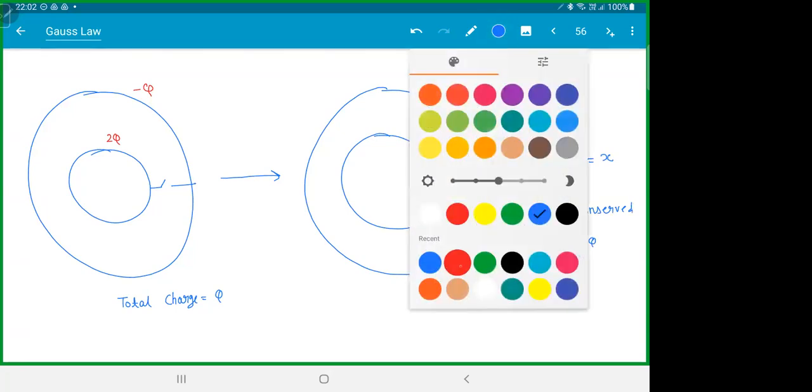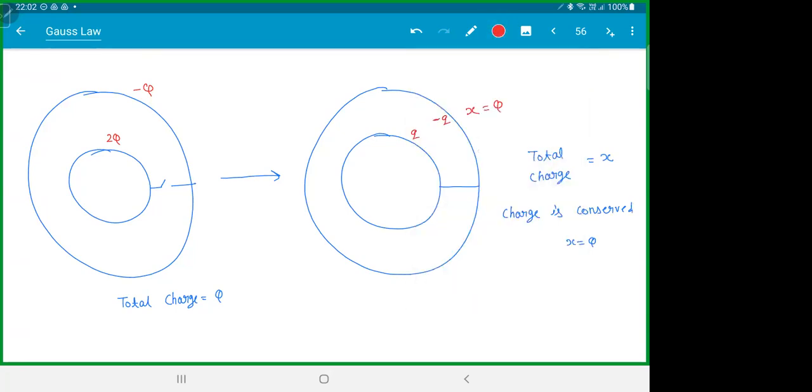So we proved X is equal to Q. But we still have to find small q. Now, if you connect two conductors with a wire, what happens? The potential becomes the same. That means at this point and this point, VA is equal to VB. Agreed? Since connected by a conductor.